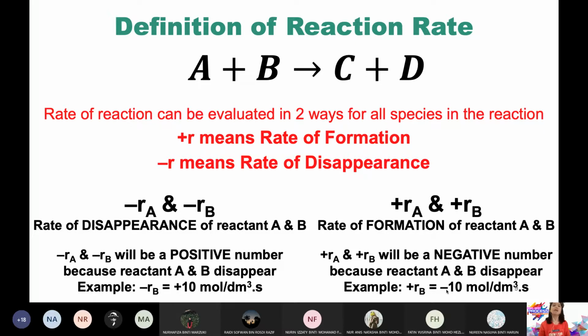Okay, sama juga, saya boleh kira rate of formation and rate of disappearance untuk A, B, C dan D. Sama je. Kenapa kita boleh kira?